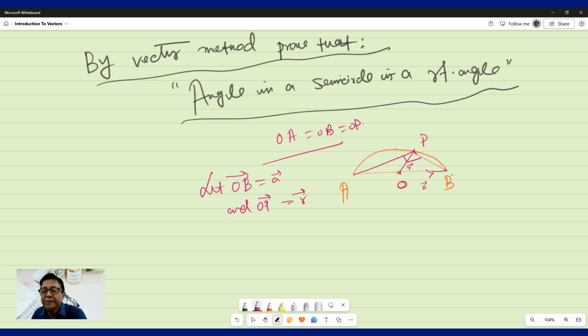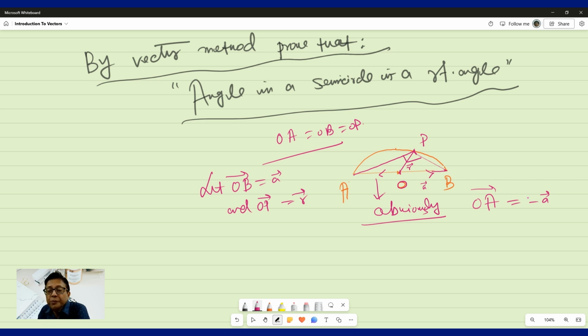OB is the A vector. Can you tell me about this vector? OA vector will be what? Quite obvious. Obviously, OA vector is minus A. Am I correct?